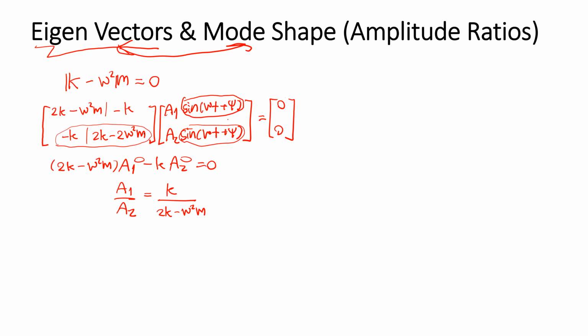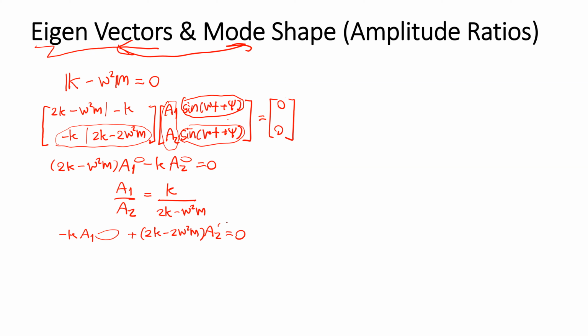If we multiply this to this, we have minus k a1 multiplied by the psi, plus 2k subtract 2 omega square m multiplied by a2 is equal to 0.